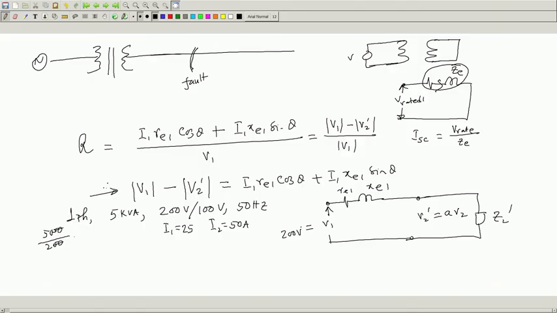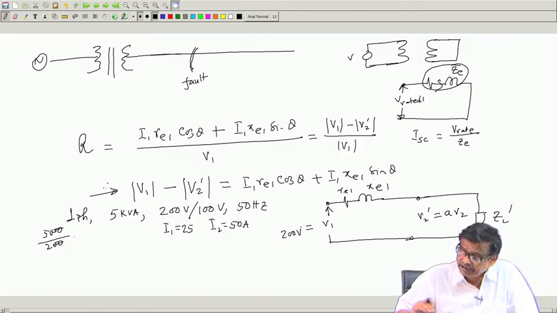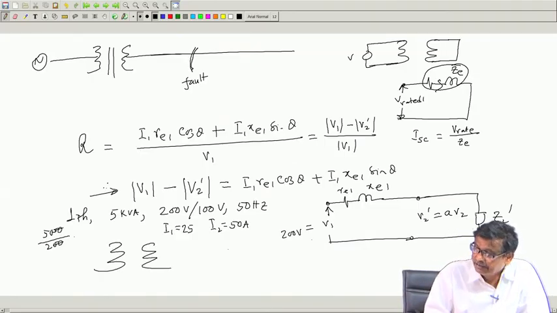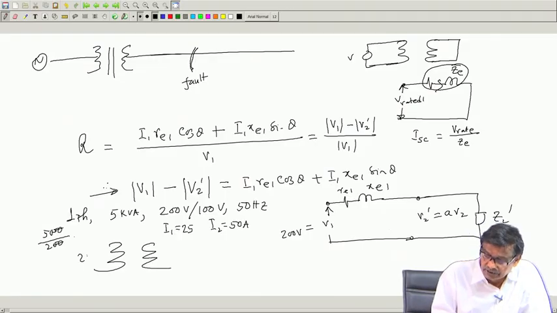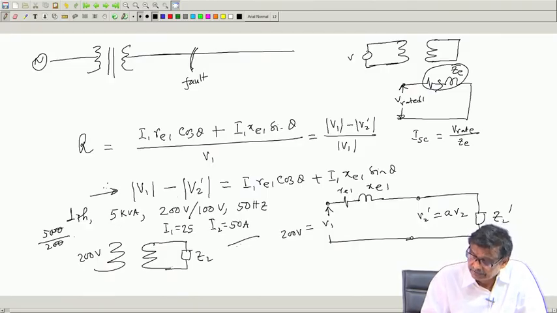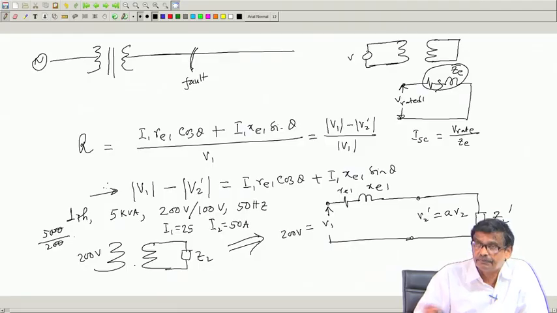Then I ask myself, if you deliver rated current, what is the actual scenario? The actual scenario is this equivalent circuit. Here 200 volt you have applied, here you have connected the load Z2, and then this is equivalent to this, from this I have got there.